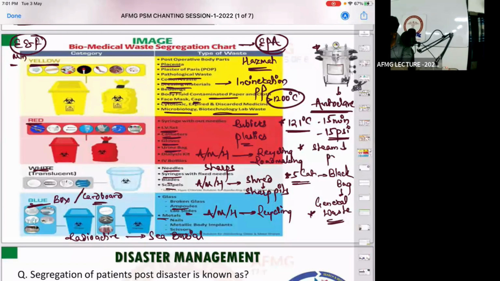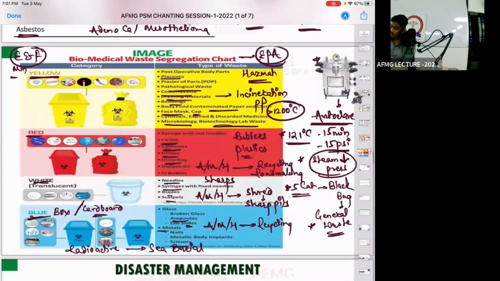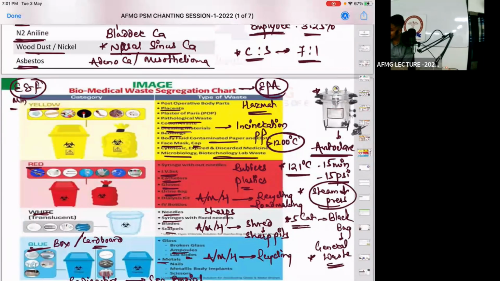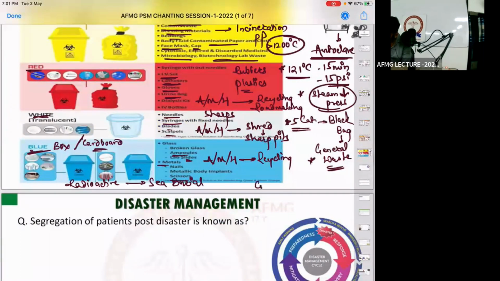What is the principle on which autoclave works? Steam under pressure. Now, important. I don't have space here, so I will write it here. What is the control organism for autoclaving? Geobacillus stearothermophilus. No issues with this. I know, I have memorized it, I have to give the exam, but say it a little.